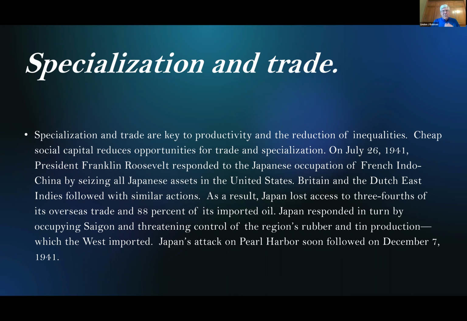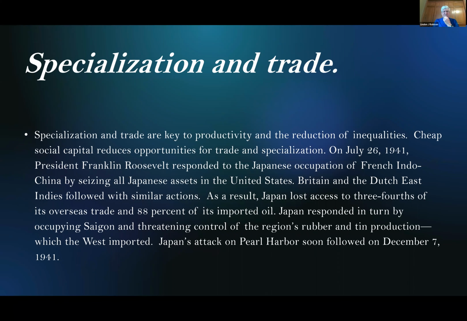They lost three-quarters of their overseas trade and 88% of their oil. So the natural consequence, perhaps, of this cessation of trade and loss of ability to specialize in trade was the attack on Pearl Harbor on December 7th. So from July to December.